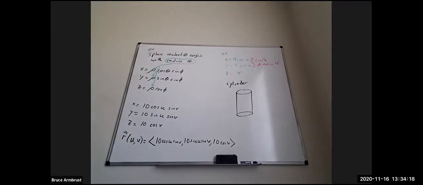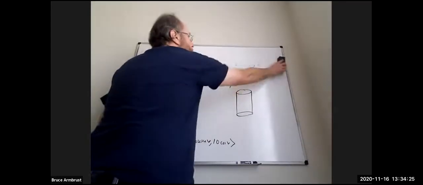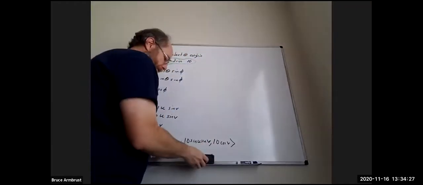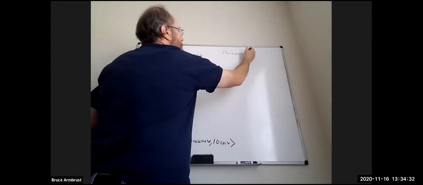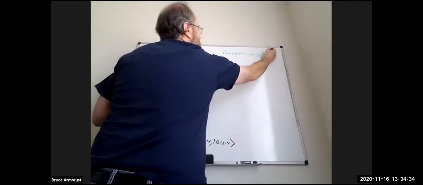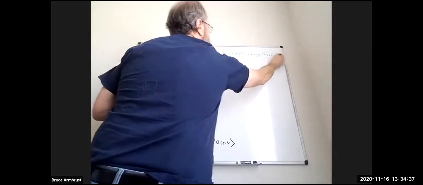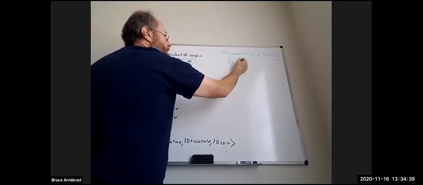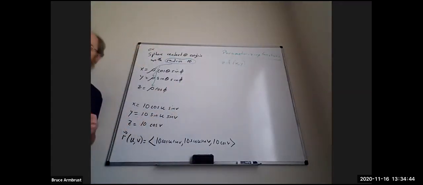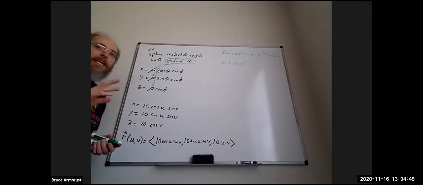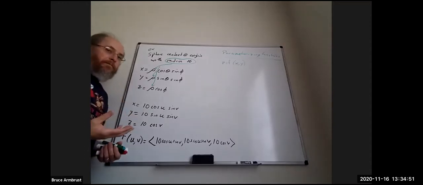All right, so let's talk about functions. How can we parameterize functions? These are the type that are z equals f of x, y. So this is anything that you can write as z equals.